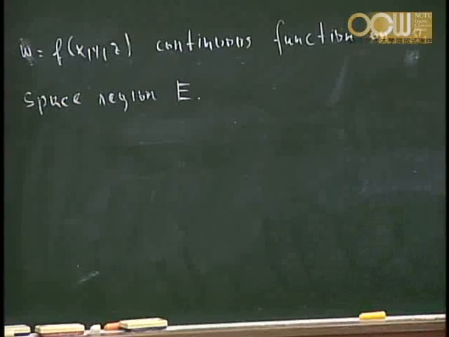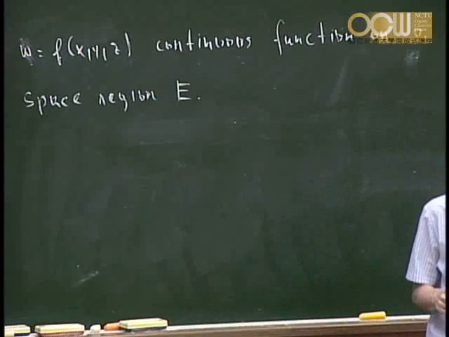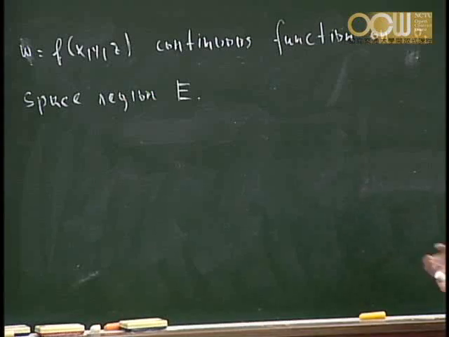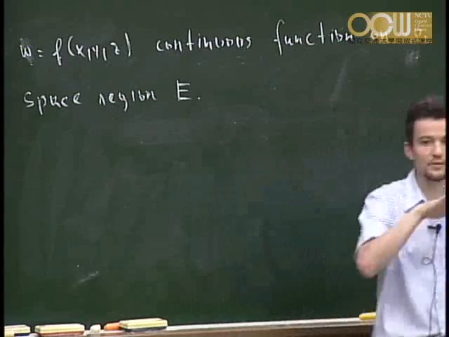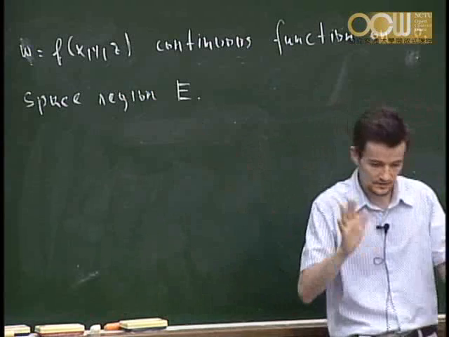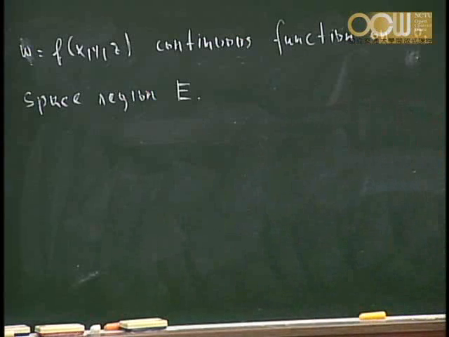The way we extend the definition of the triple integral is the same as for double integrals. We enclose E into a box, a large enough box. E certainly must be bounded, so we have to assume that E is bounded, and then we can enclose it in a large enough box.